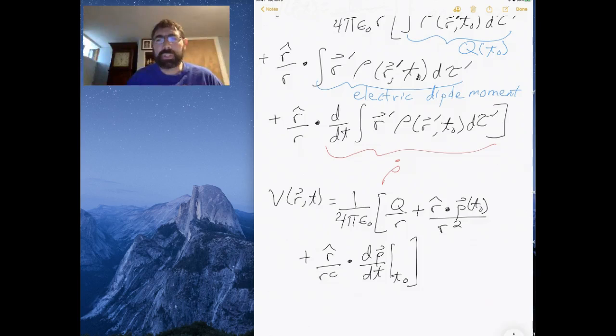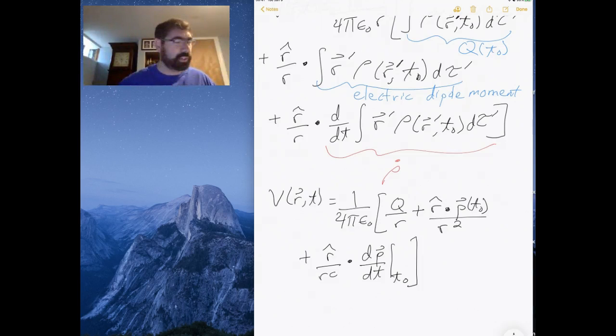So we're now left with these three terms. Essentially the first one looks like Coulomb's law, the second one is the dipole moment, and the third one is a time-changing dipole moment.